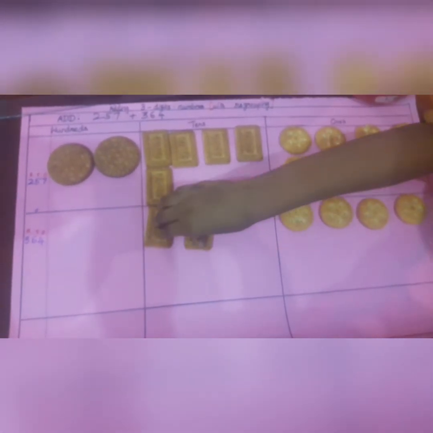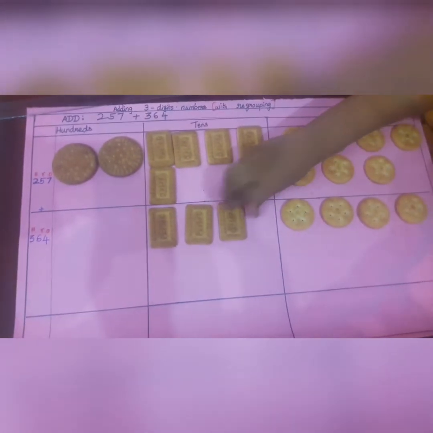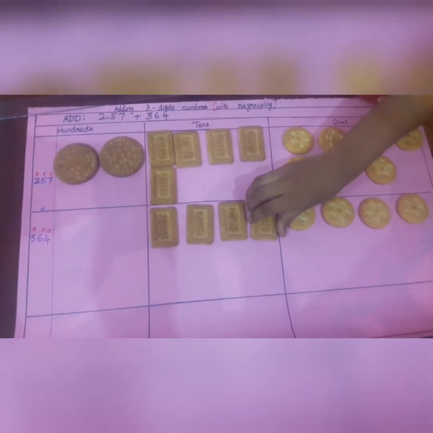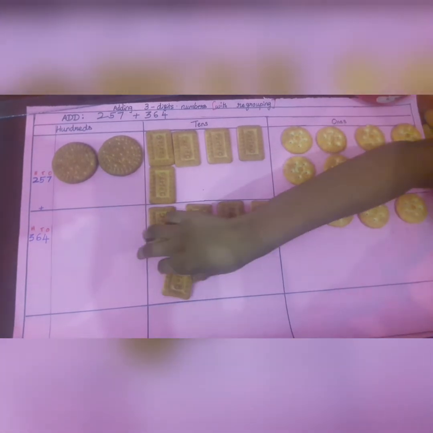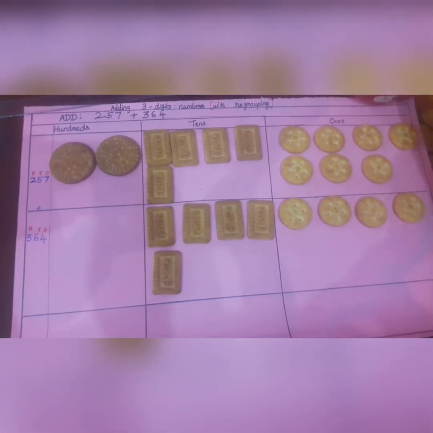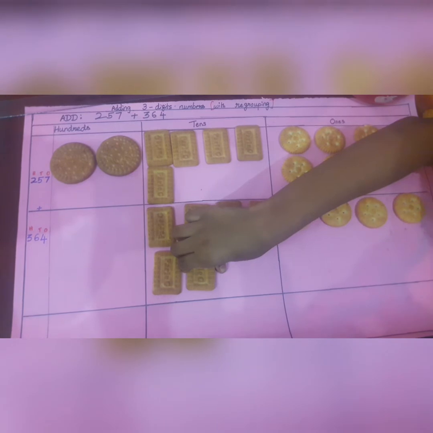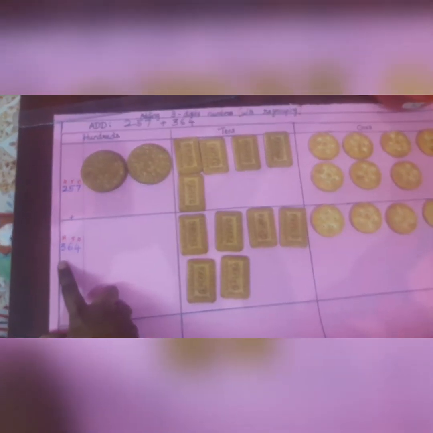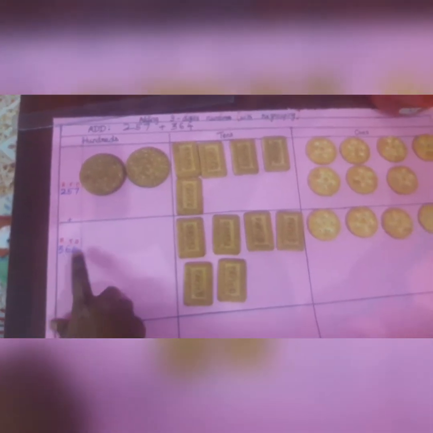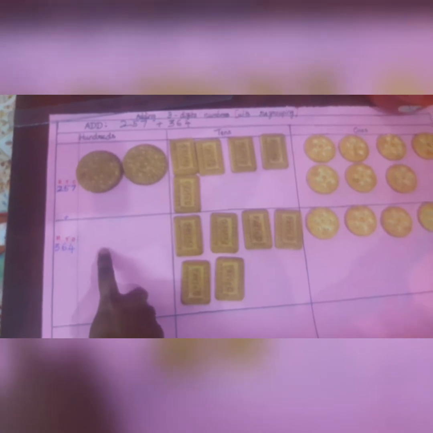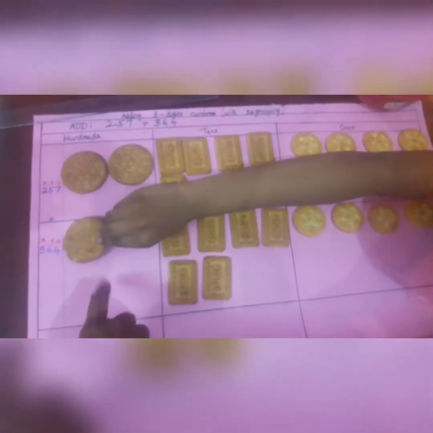So place 6 Parle-G biscuits in the tens column. Or 3 hundreds in 364. So place 3 Mary biscuits in the hundreds column.